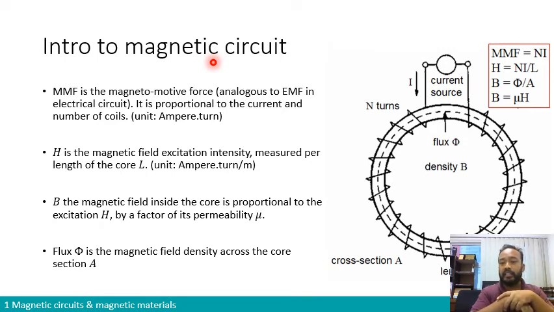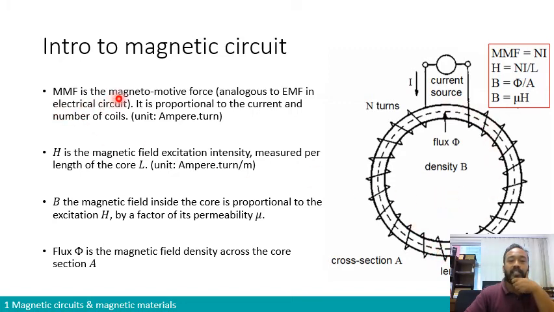A magnetic circuit is analogous to an electrical circuit. The difference is that instead of electrical current inside a conductor, we have magnetic flux inside the core material. And instead of a voltage source to push the charges, we have a magnetomotive force created by N multiplied by I that creates the flux circulating inside the core material.